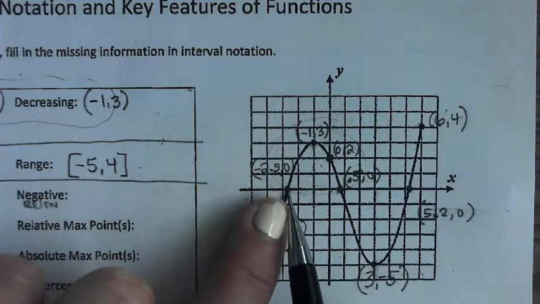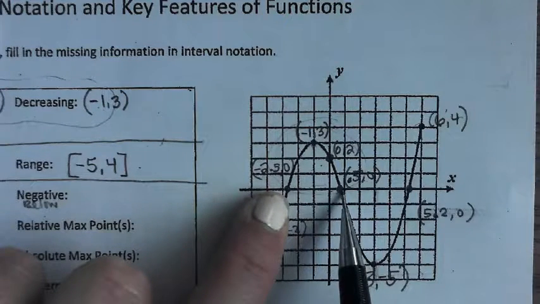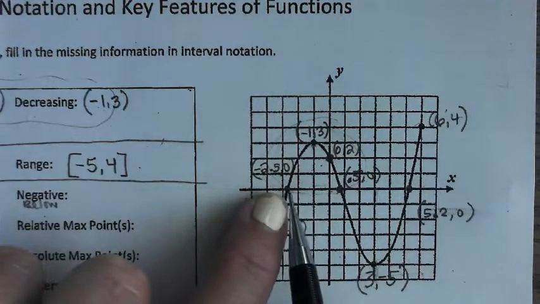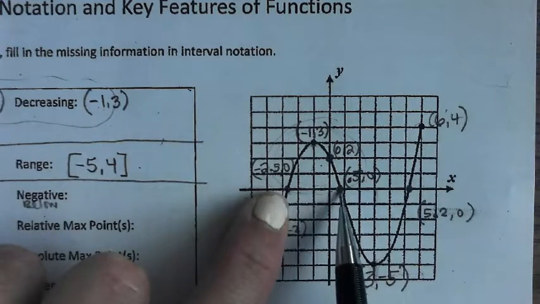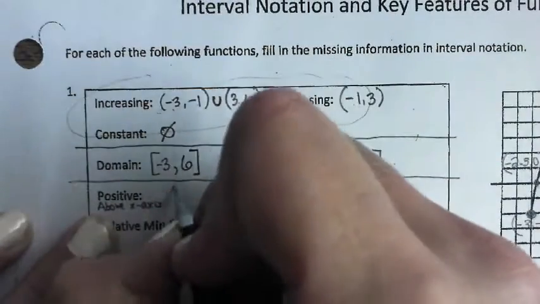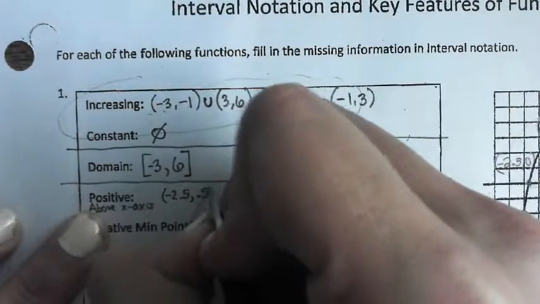That's from what x-coordinate? -2.5 up until 0.5, I labeled that. Is it actually above the x-axis at -2.5? No, so that's going to be with a parenthesis. Is it actually above the x-axis at 0.5? No, just everything in between. So we're going to say with parentheses, -2.5, comma, 0.5 with parentheses.